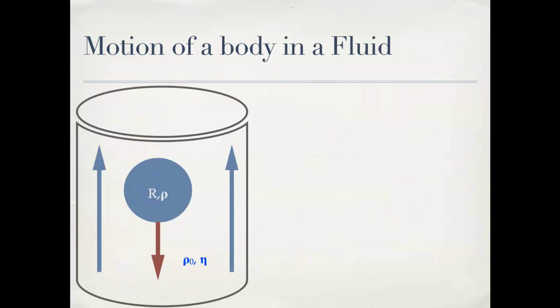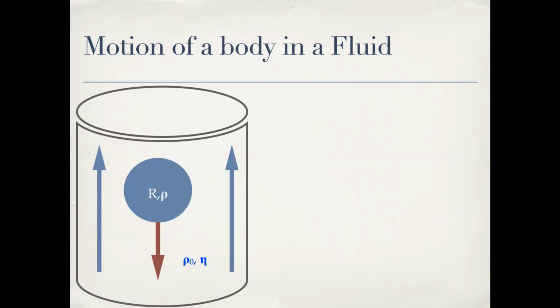The problem is the following. We have a container, which I have drawn as a cylinder. Inside of that container, we have a liquid. And there is a sphere with the radius r, built out of the material with the density rho.